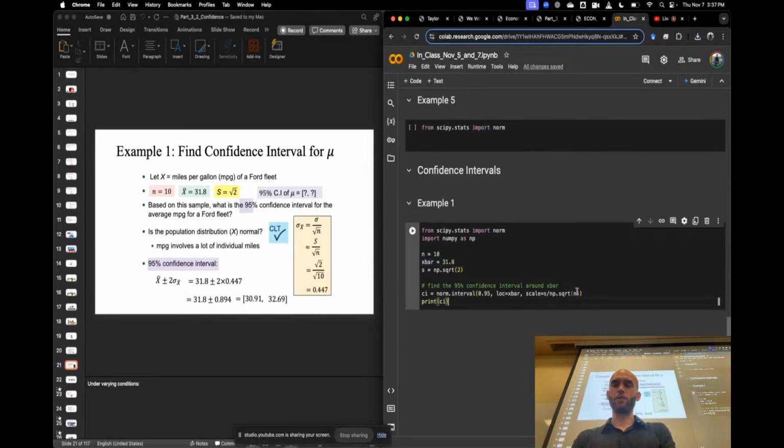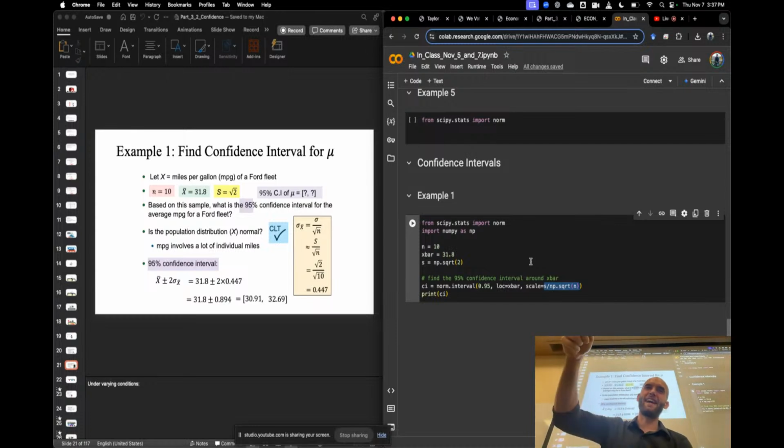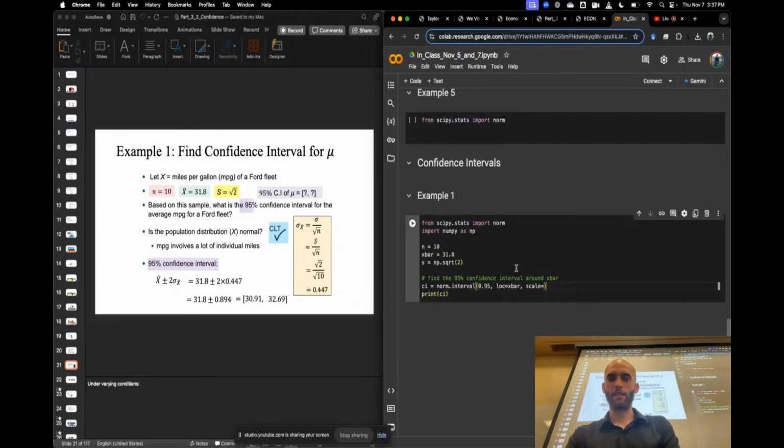And then the scale is just a way of telling the code to use the sample standard deviation using the central limit theorem. I'm going to pull this out. We'll call this SCLT.